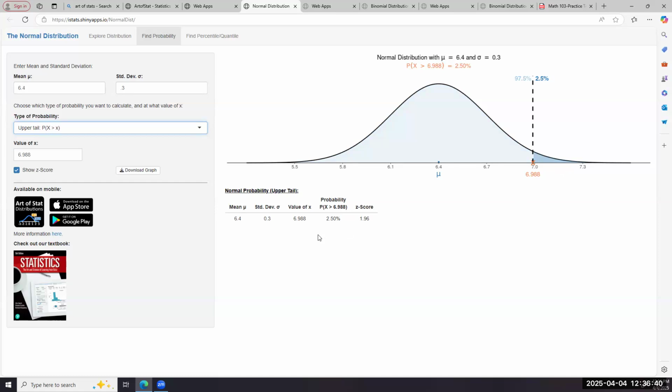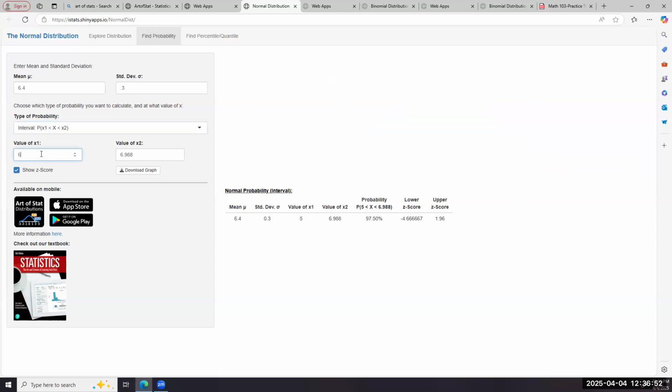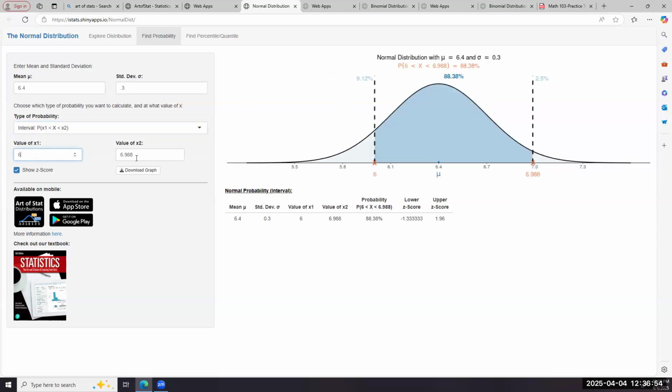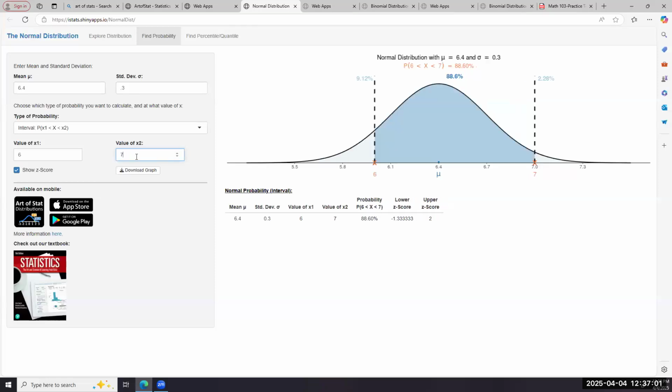The third case is between 6 and 7. So you go to the third case and change the numbers. The first one is 6, and the other one is 7. So 6 and 7 is going to be the area in between, and that's going to be the greatest value that you get.